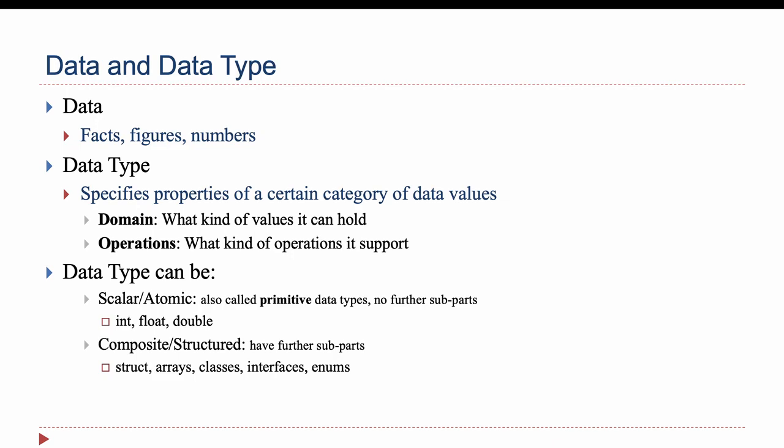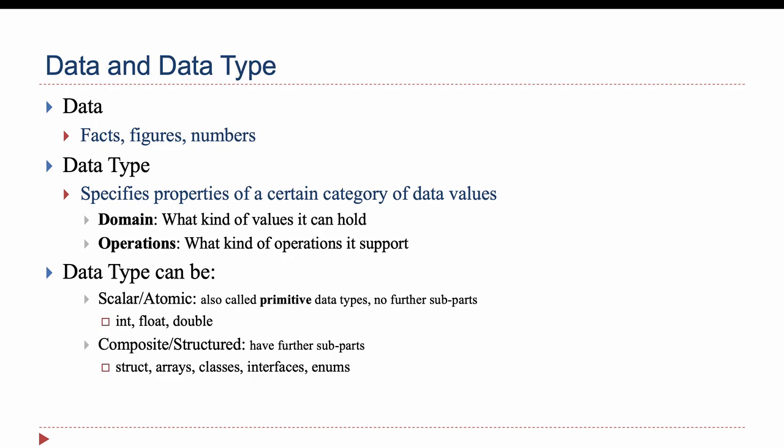In order to work with data, we first need to understand what it is and how it's organized at its most basic level. At its most basic level, data refers to any facts, figures, or numbers that we want to work with.